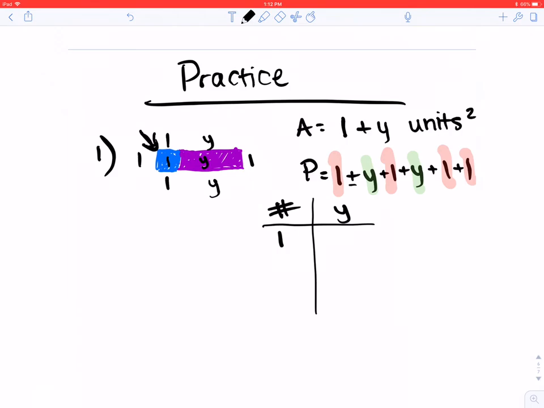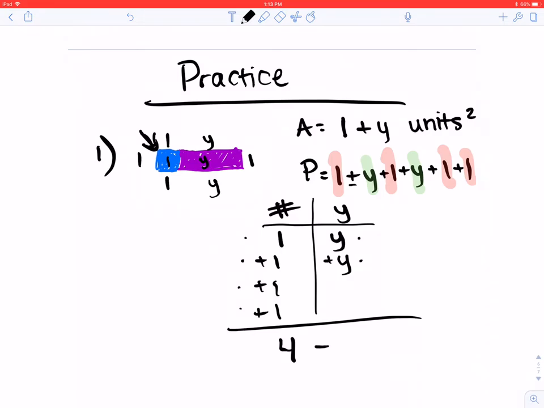So I have 1, Y, plus 1, plus Y, plus 1, plus 1. Now I can add it all up. I have 1, 2, 3, 4, and Y plus Y is a positive 2Y. And of course, because it's perimeter, we say 4 plus 2Y units.